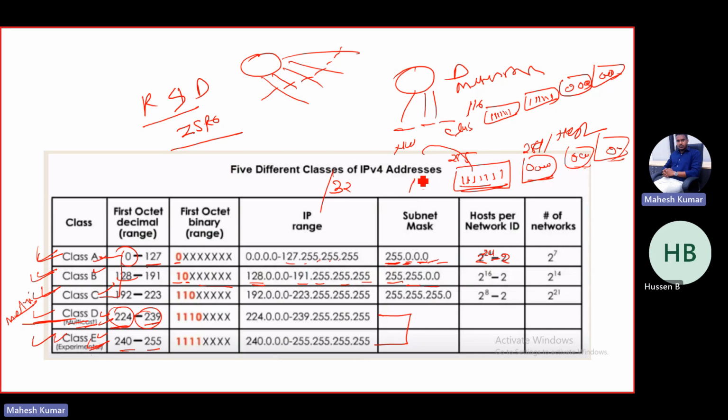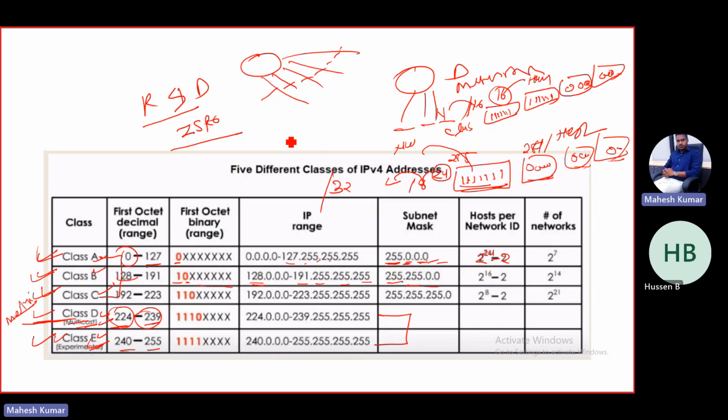Because 8 bits represent the network, and the remaining 24 bits are used for the host. In slash 16, 16 bits are used for the network and the remaining 16 bits are used for the host. Got it?